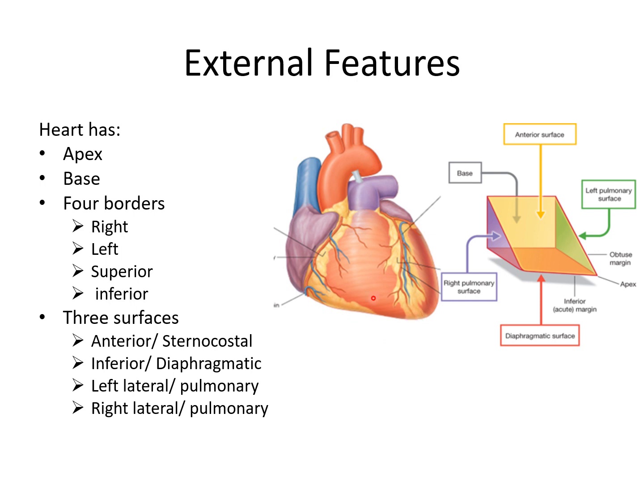It has 4 surfaces, 2 pulmonary surfaces, that is on the right side and the left side, anterior sternocostal surface and diaphragmatic or the inferior surface.